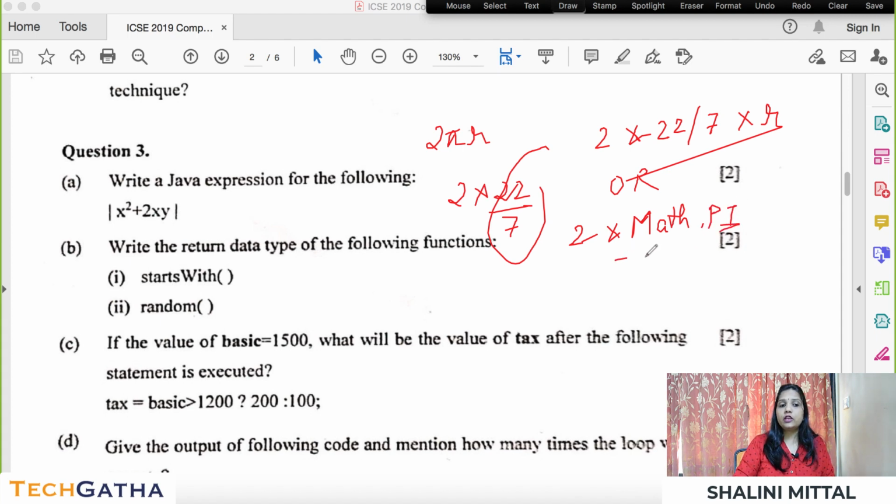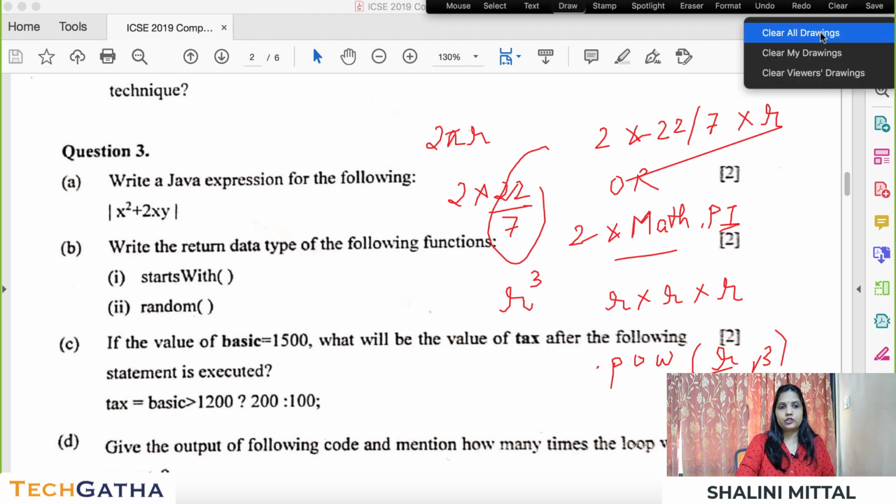You can alternatively use this as well, and both are correct, there are no issues. Again, you have r cube, say for example, in any expression. You can choose to write r into r into r, or Math.pow, we know the pow function, in the bracket r comma 3. So both are correct, you can choose any of your options.